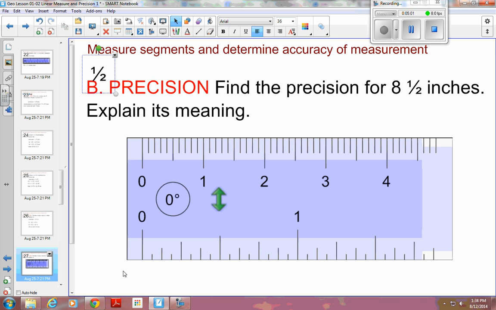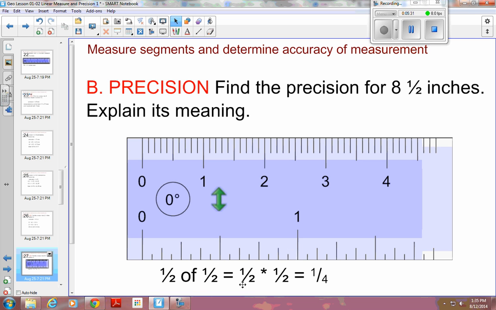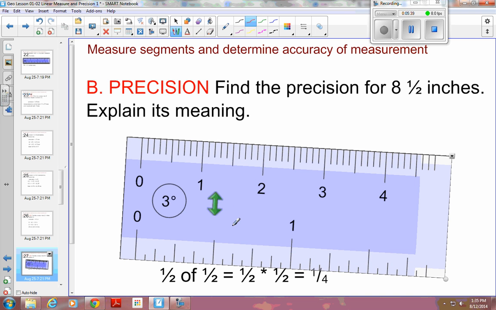Or if I take half, bring it down here, half of half, that's equal to half times a half, which is equal to 1/4. So that's the math behind it. Looking at the ruler, you can see the ruler part of it behind it. Half of a half is 1/4. Of means to multiply. And if you look at this, this is your 1/2. Mark that one in red. There's my 1/2.